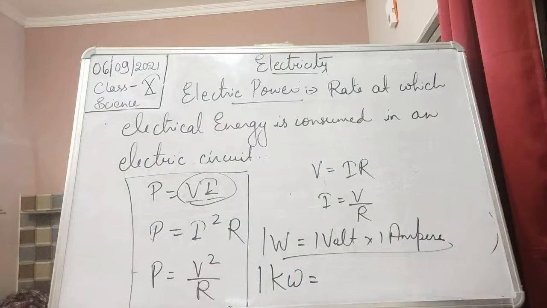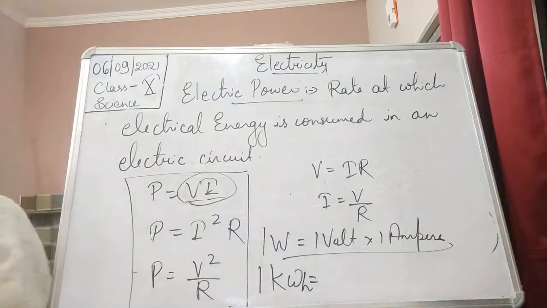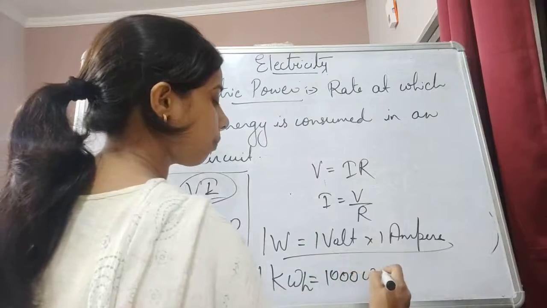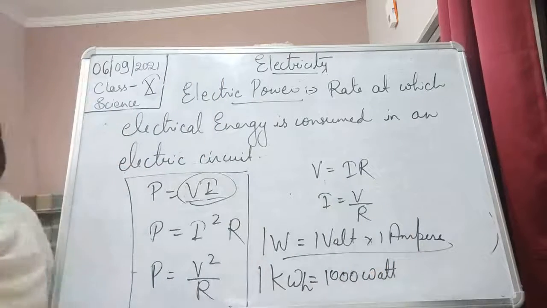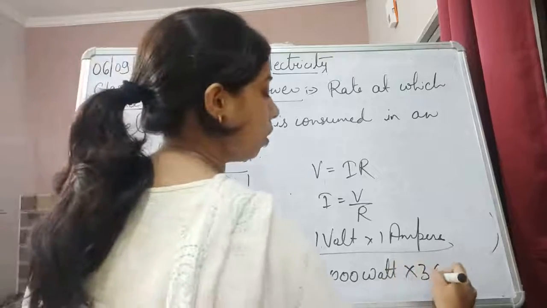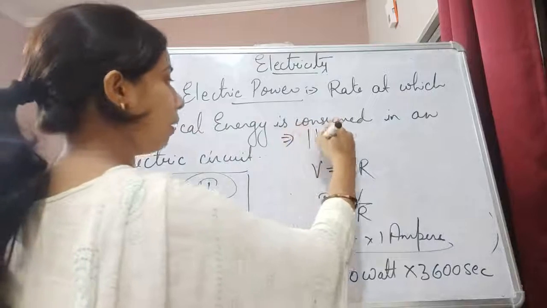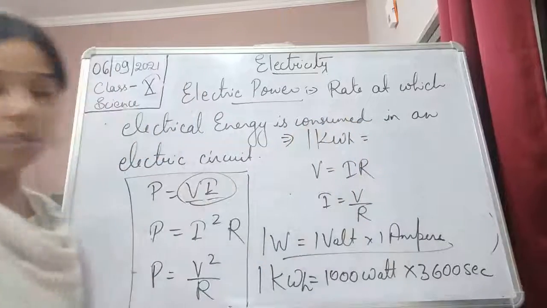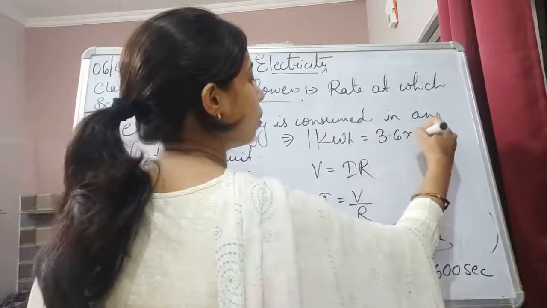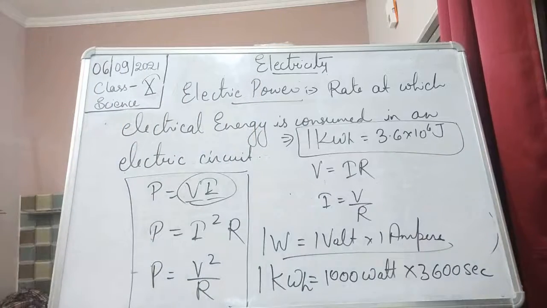And 1 kilowatt hour is equal to 1000 watt into 3600 seconds, and this will be equal to 3.6 into 10 to the power 6 joule. This is how we can find the value of the electrical energy.